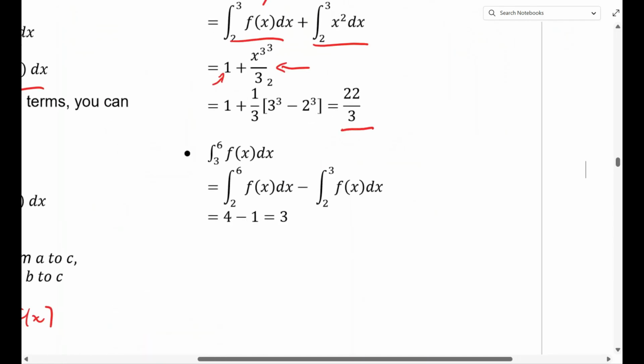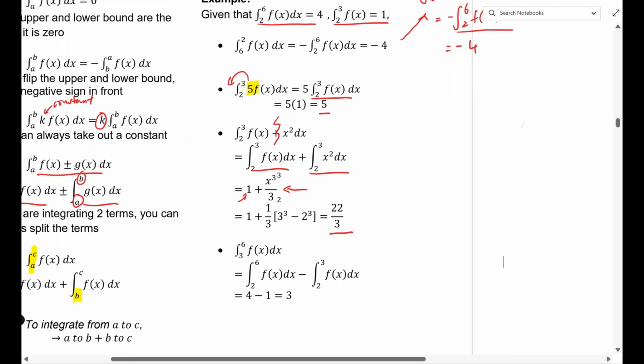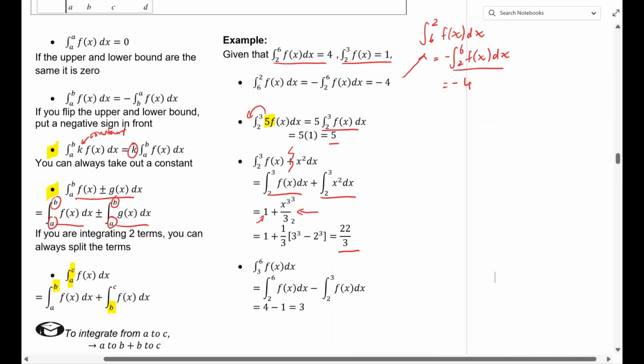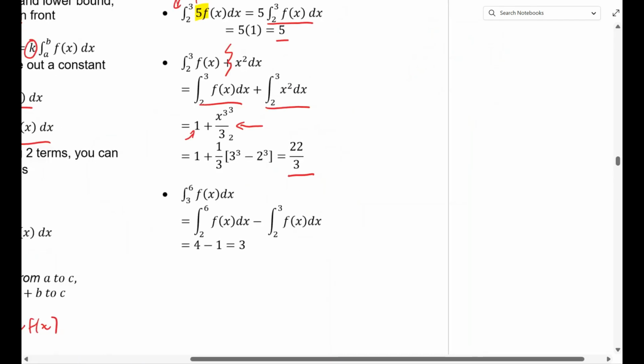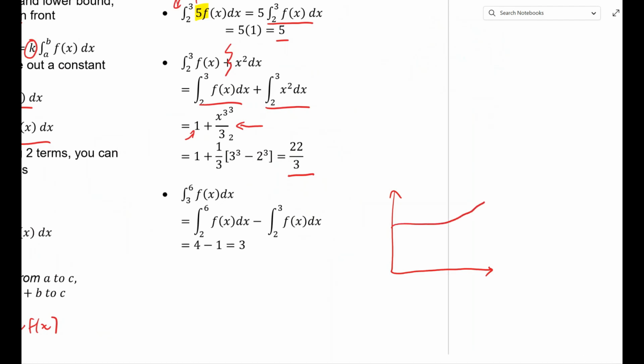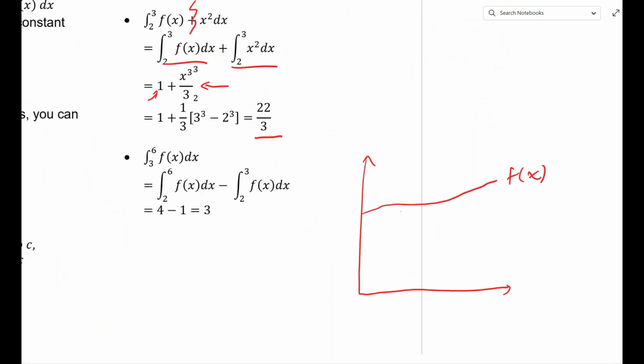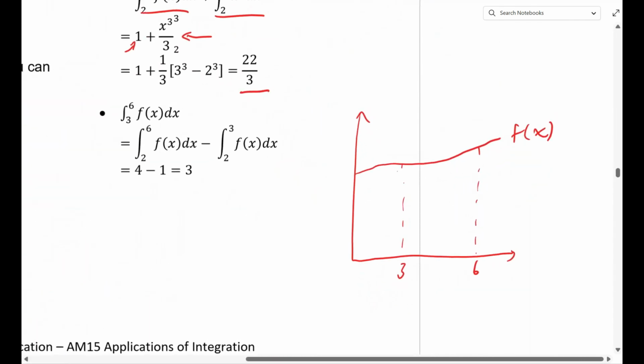Now for the last example, we are required to integrate from 3 to 6. However, the question only gives us the integration of 2 to 6 and 2 to 3. To visualize it, let's put it in a graph. For example, this is our f(x), and the question wants us to integrate from 3 to 6. But we have a given value from 2 to 3.